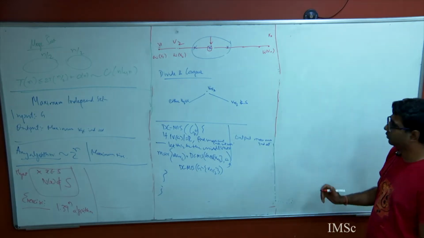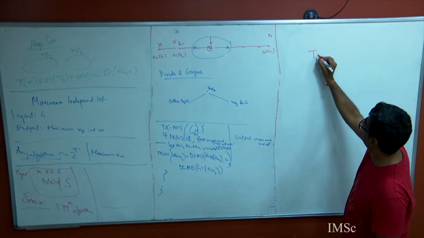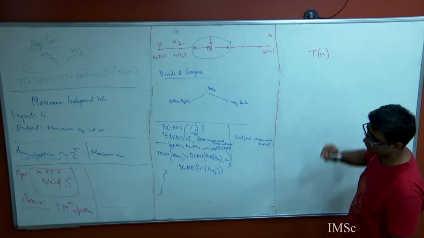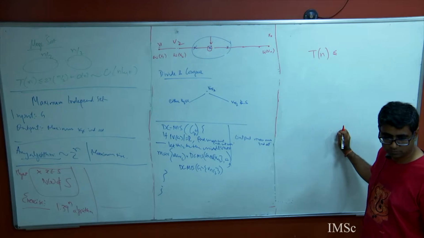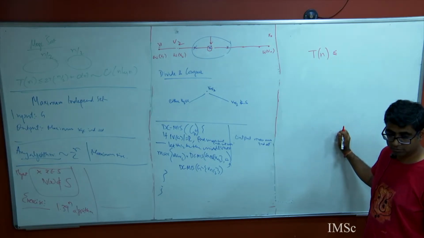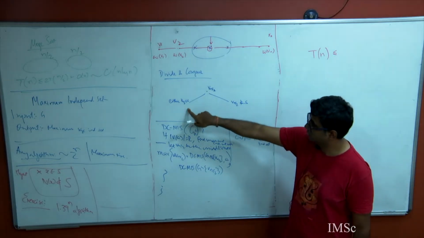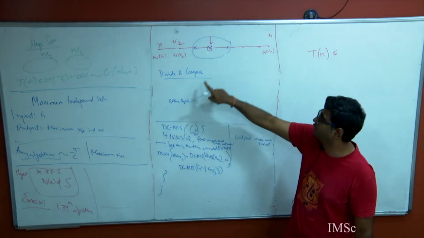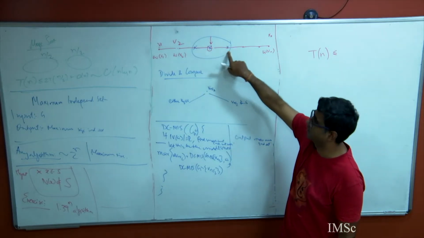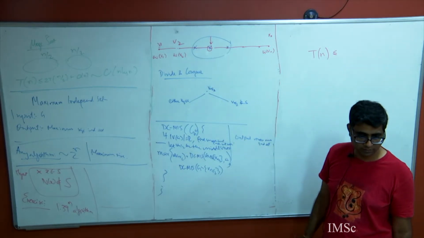This is it. So T of n is less than or equal to, it's a path. So in one branch, Vn by 2 is in the solution, so you deleted this guy and this guy. How many vertices are left in the graph?